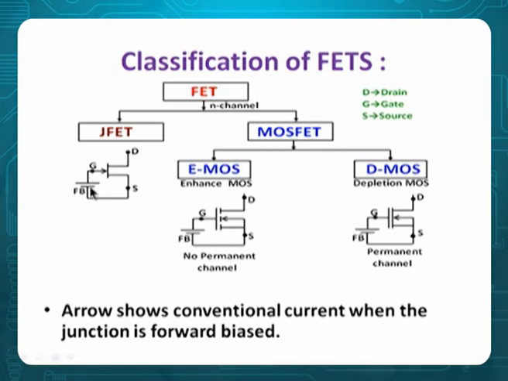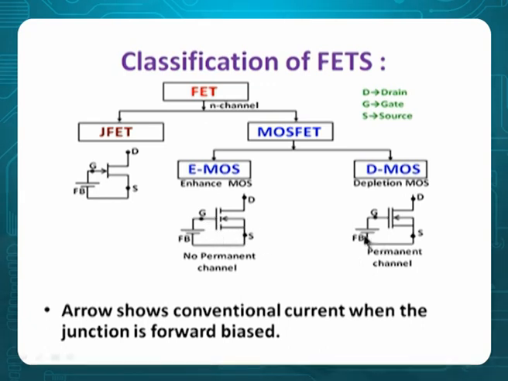For example, if the junction is forward biased, the arrow is here. First take a junction, take this terminal, forward bias. In N channel, this is P. P means forward bias, current is this way. Similarly, this is N channel, N is given to negative, therefore current is flowing in this direction.